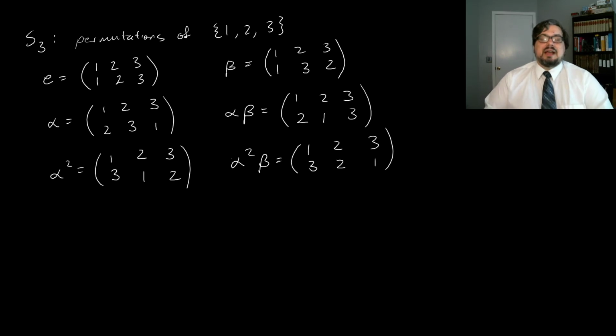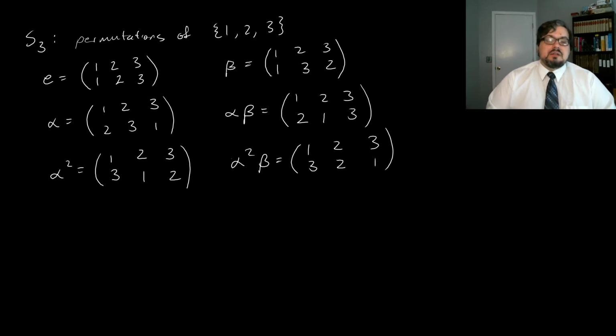And in fact, this is it. These are the only permutations in S3. There are only 6 different ways of rearranging 3 elements, basically. So here are all of the elements of S3.